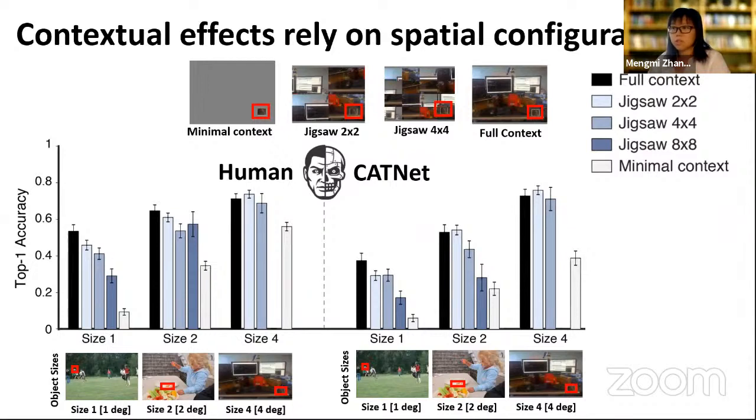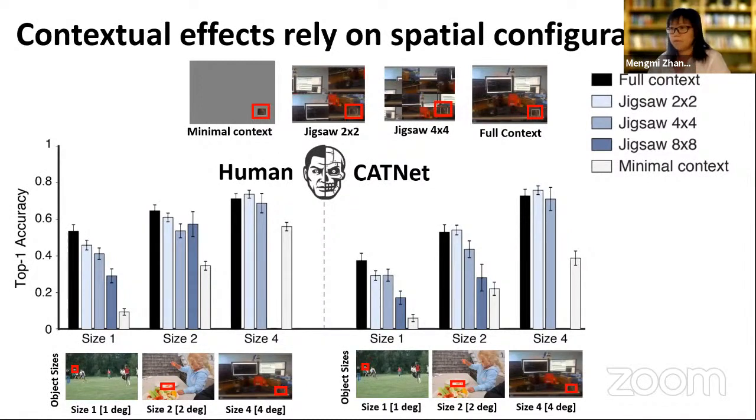Across all the jigsaw conditions, interestingly, CRTNet was also robust to the distorted spatial configurations. That is, the recognition accuracy differed from the full contextual condition only for the 8x8 configuration. Again, similar analysis could be applied to the other two target object sizes.